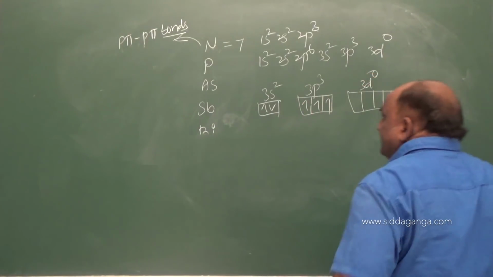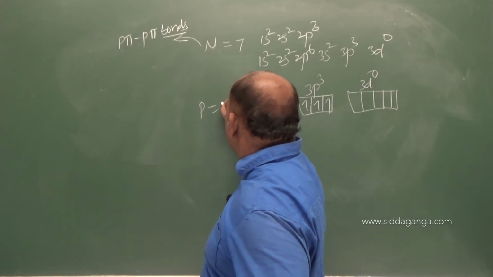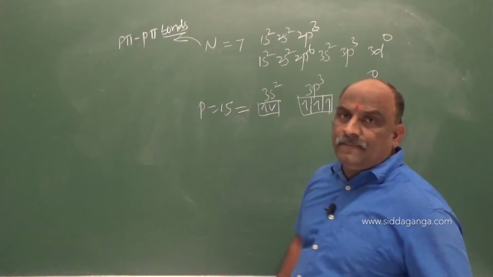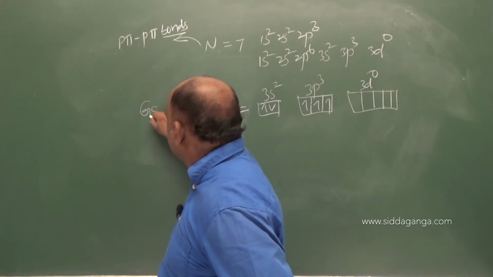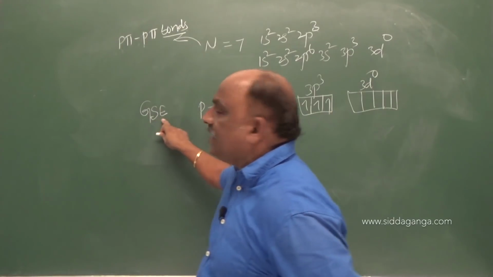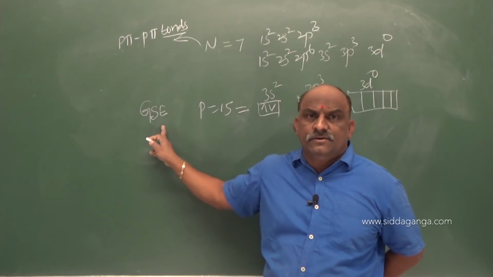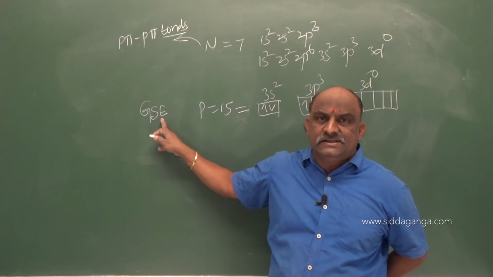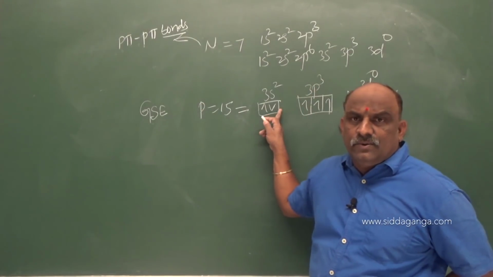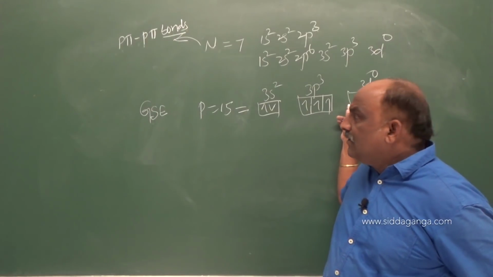So it is the electronic configuration of phosphorus, atomic number 15, and this electronic configuration is called the ground state electronic configuration. Ground state electronic configuration of phosphorus: 3s2, 3p3, 3d0.